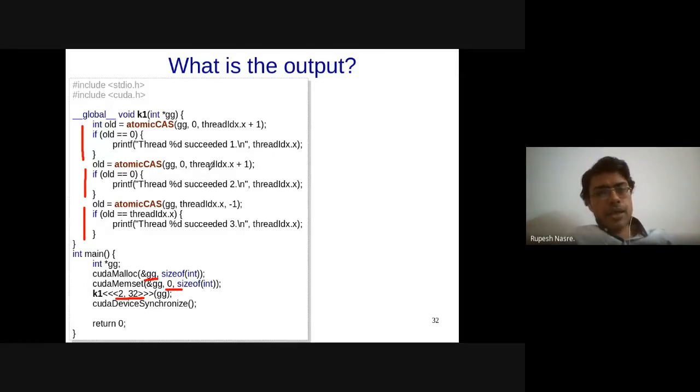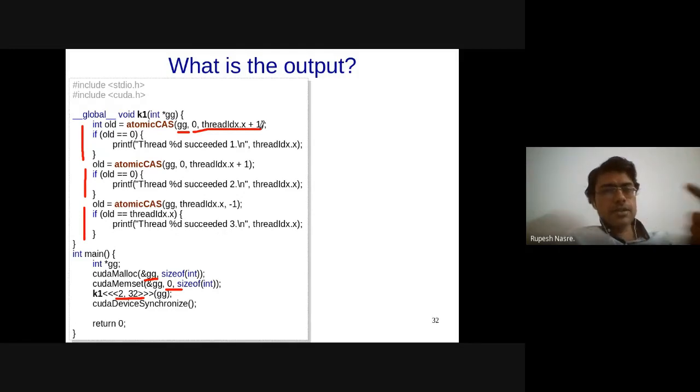So atomic CAS checks if the value stored in the memory location GG is 0. And if that is the case, it is going to replace it with my thread ID plus 1.